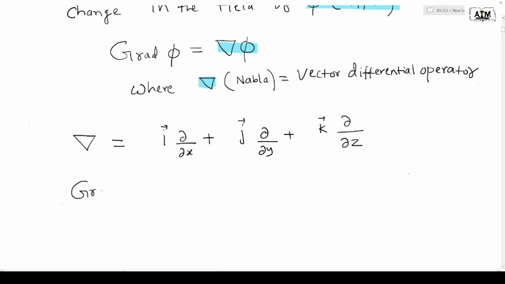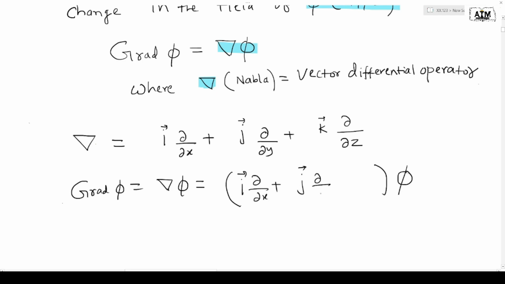Therefore, gradient phi equals Nabla phi equals, in brackets, vector i dou upon dou x, vector j dou upon dou y, and vector k dou upon dou z, acting on phi, where vector i, vector j and vector k are unit vectors along the x direction, y direction and z direction respectively.